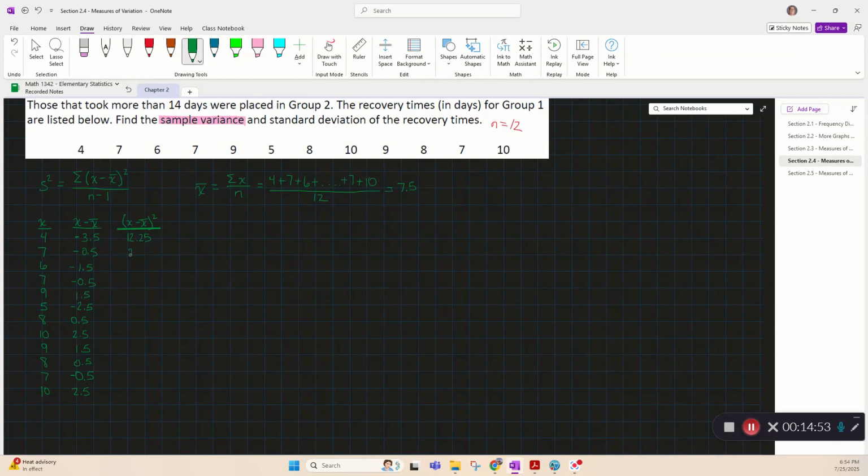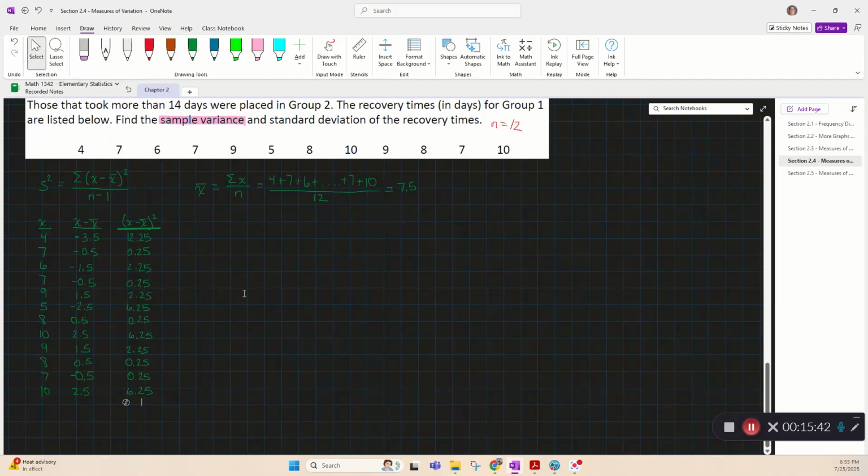This is going to be 0.25, 2.25, 2.25, 2.25, 6.25, 0.25, 6.25, 2.25, 0.25, 0.25, 6.25. Okay, there we go. So I just squared the previous column.